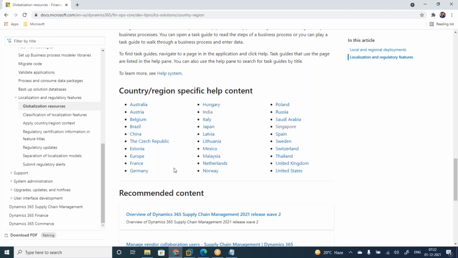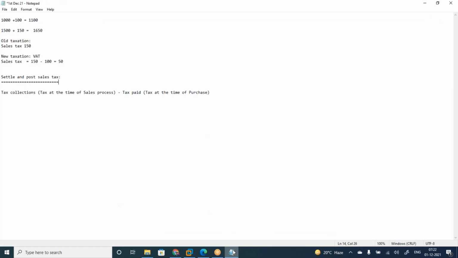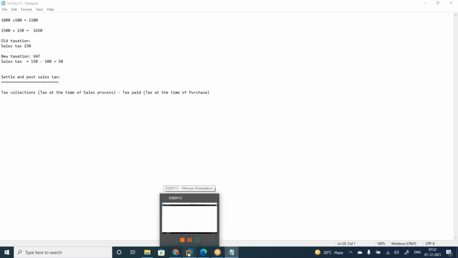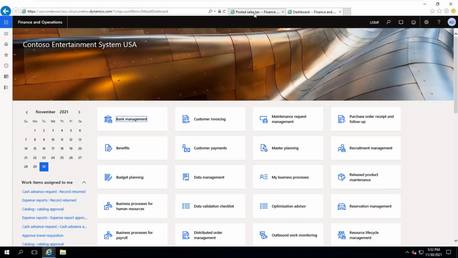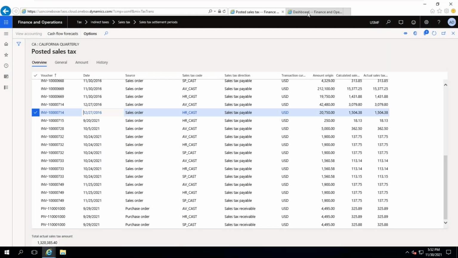Okay, fine. Any more questions, please? Yeah, configuring the vendors, those are not actual vendors. You can create a normal vendor only, but we are not going to post any transaction to that vendor.